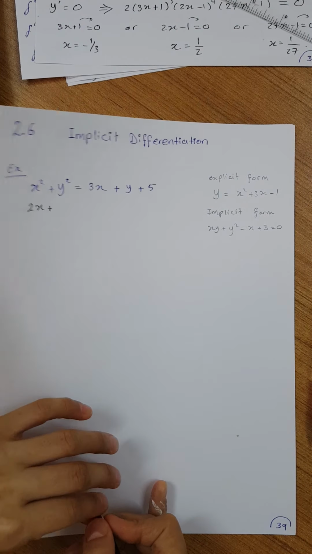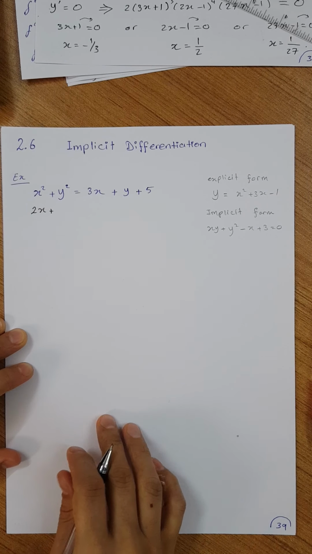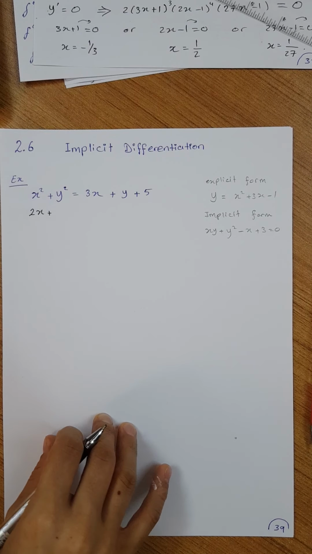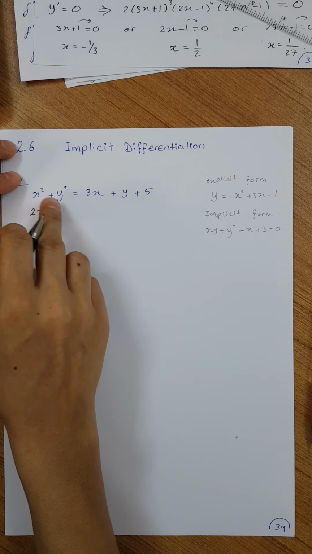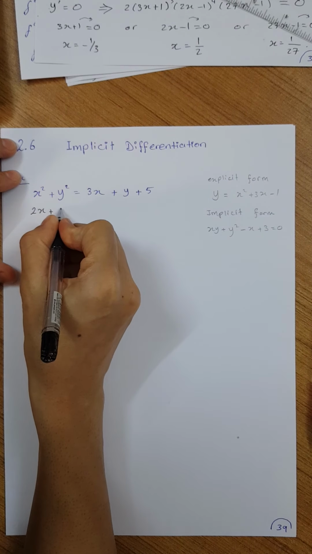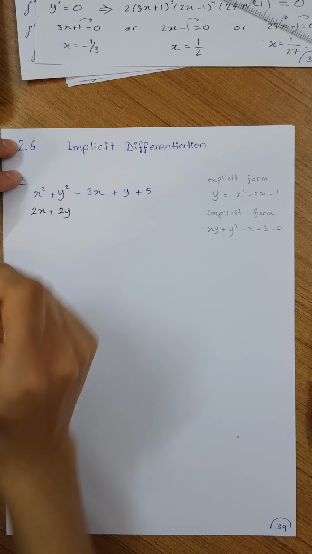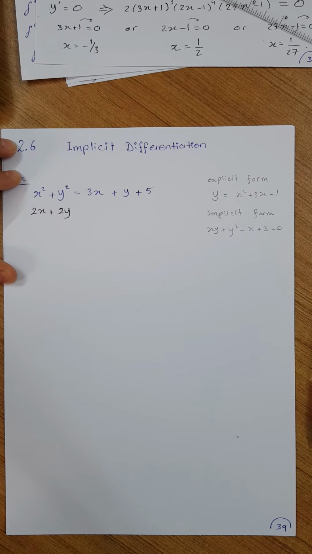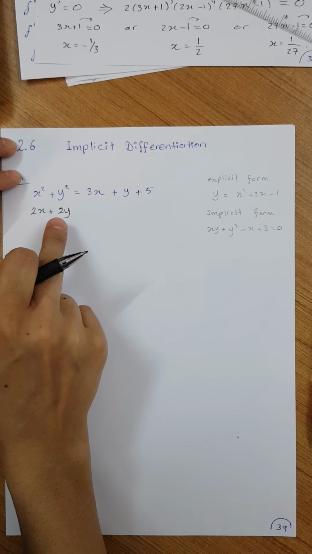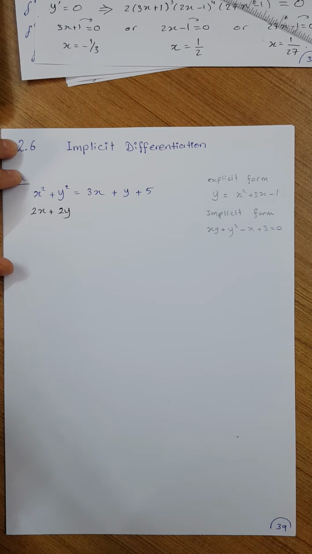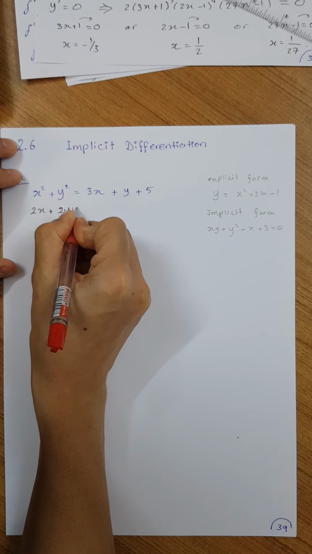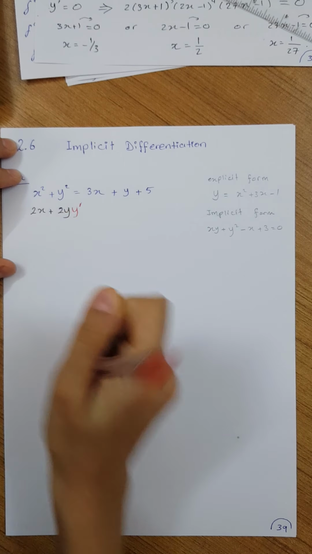What is the derivative of y squared? Think about y squared as the x squared. What's the derivative of x squared? It's equal to 2x. What's the derivative of y squared? It is equal to 2y. So you are doing the same procedure, the same idea that you have studied for explicit form. But the only thing that makes a difference here, you are also multiplying it by y prime.